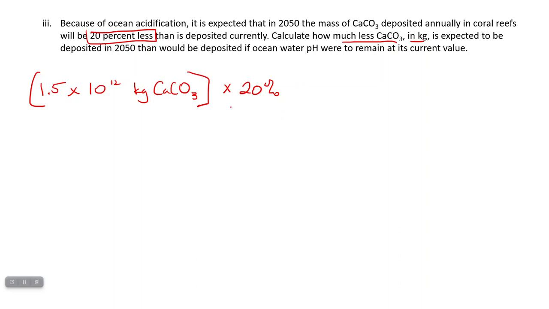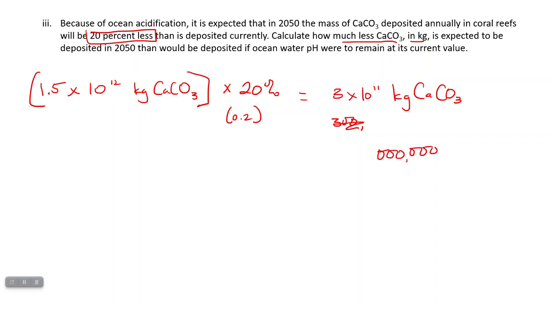When we do that, and remember in your calculator, you're going to multiply it by 0.2. That's going to give you 3 times 10 to the 11th kilograms of calcium carbonate, which is going to be, I believe, 300 billion.